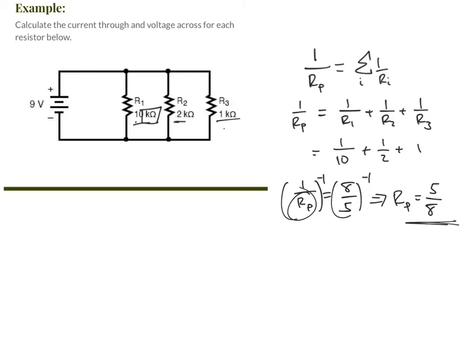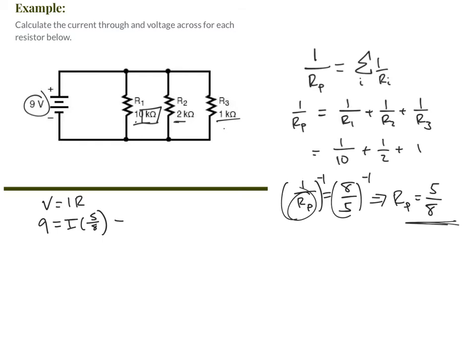Now you should go ahead and calculate the total current of the circuit using V equals IR. You know that V equals 9. The current's what we're looking for, and resistance is 5/8 for the whole circuit.